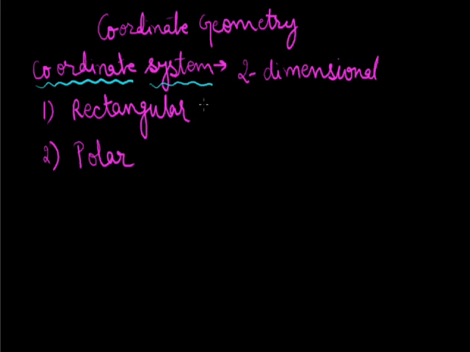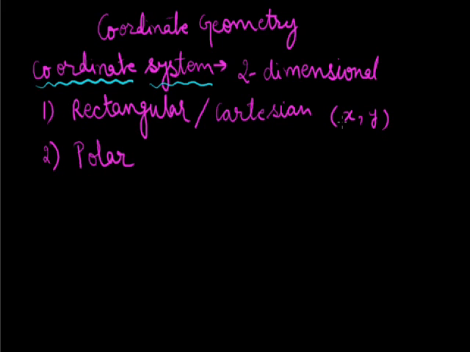The rectangular coordinate system is also known as Cartesian, and in the Cartesian coordinate system we use the ordered pair x and y to define the location of any point. x denotes its x coordinate and y the y coordinate.